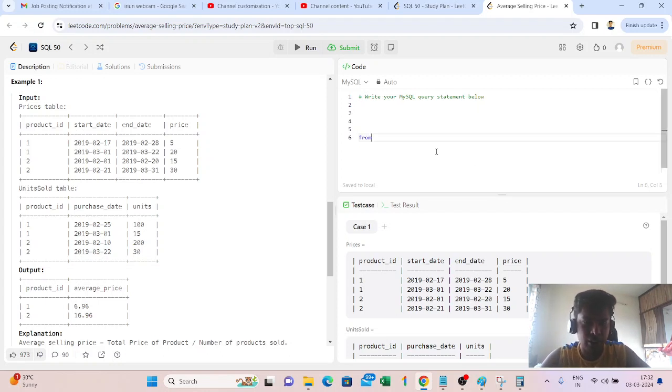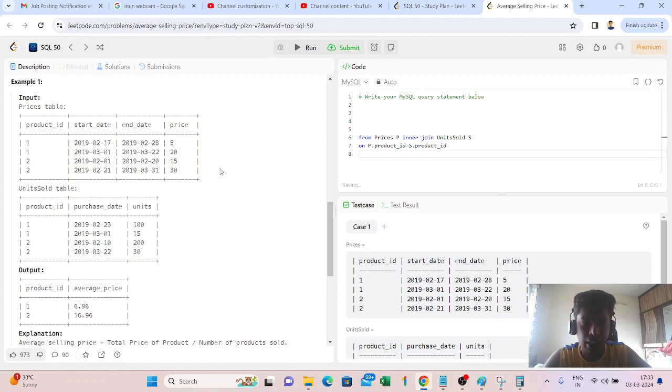First, let's consider tables from prices P inner join. There's no use of any other joins other than this. Then units sold S on, firstly, the product ID: on P dot product ID equals S dot product ID.